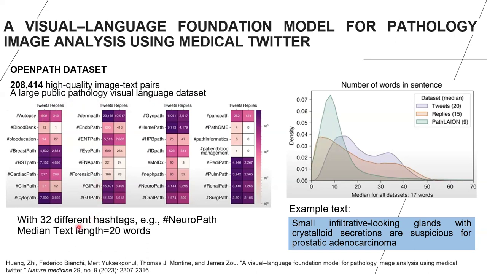With 32 different hashtags, such as neuropath, the length of text is limited to 20 words, so not more than 20 words in the dataset.